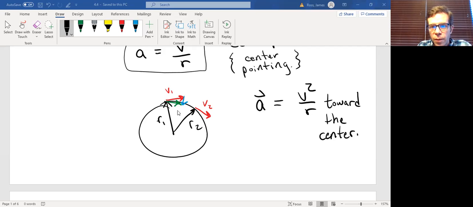So let's give it some acceleration going around the circle, right? So I don't even want to draw it as an arrow because that looks like a vector. I'm going to draw it as a curve, right? We're accelerating around the circle.